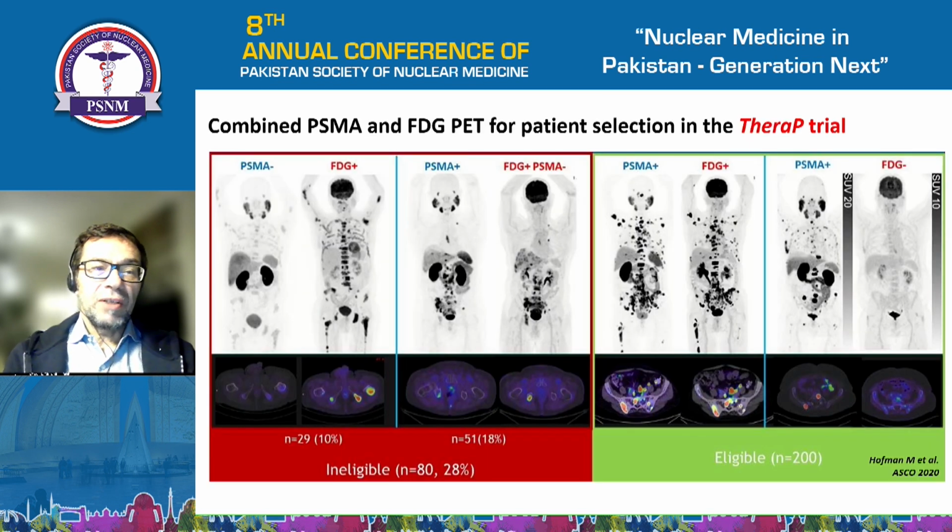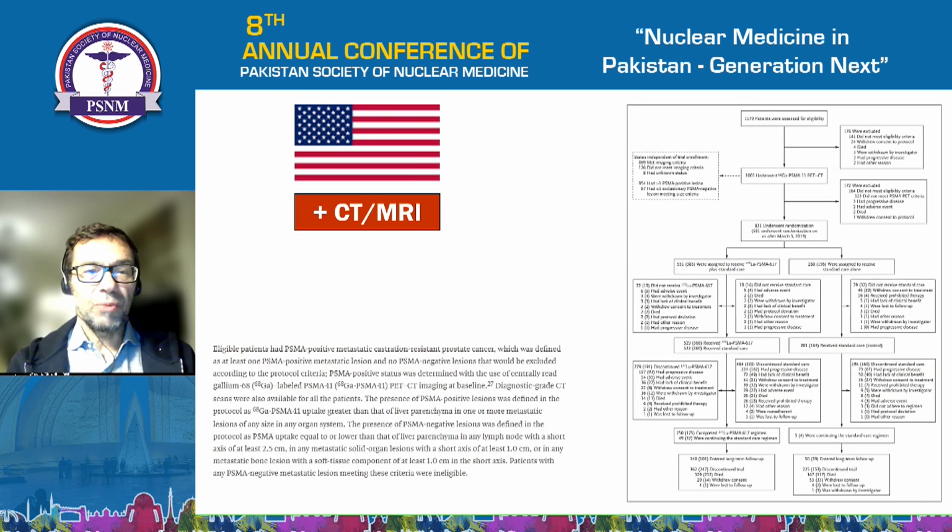The previous speaker has already shown images. The concept here is that if you are PSMA positive, then you can be treated. If you are PSMA negative, or if you are PSMA positive but there are lesions which are FDG positive and PSMA negative, then the patient is not to be treated. This is the Australian approach for increasing the likelihood of response.